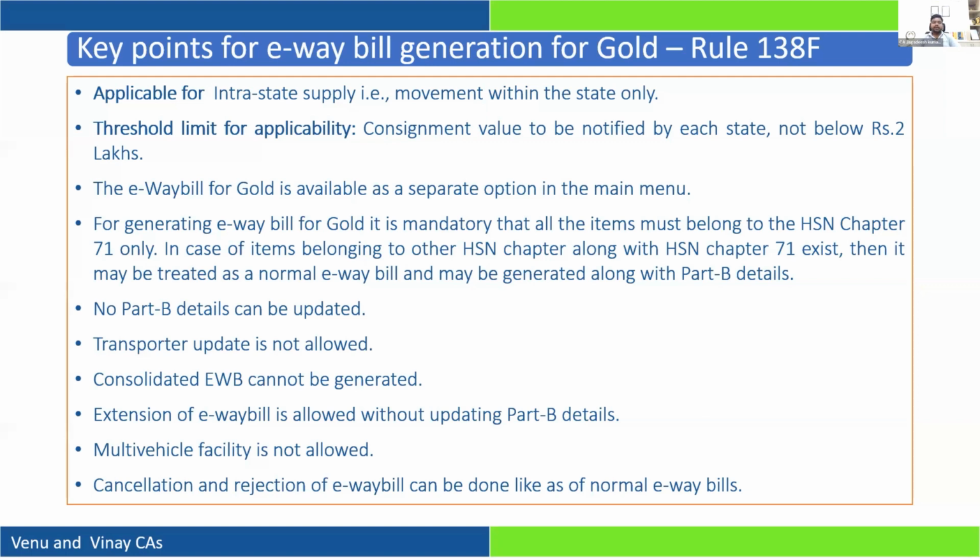For generation of an e-way bill for gold, there will be a separate menu in the e-way bill portal. For generating the e-way bill for gold, it is mandated that all the items must belong to chapter 71 only. If it is clubbed with other HSNs, like 70, 71, 72, with all chapters mixed in a single invoice, it will be treated as a normal e-way bill and may be generated along with the Part B details.